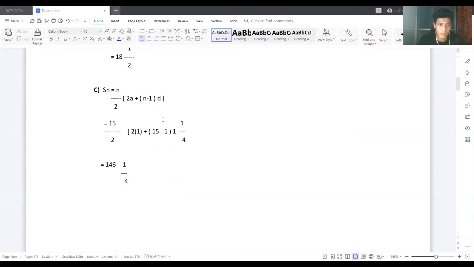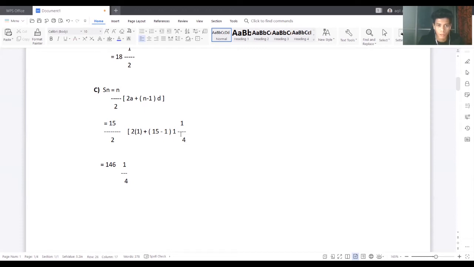We just need to apply it, and these are the steps. 15/2, because we replace the n with 15, and then in bracket 2, and then bracket 1, close the bracket, plus 15 minus 1, and then 1/4.